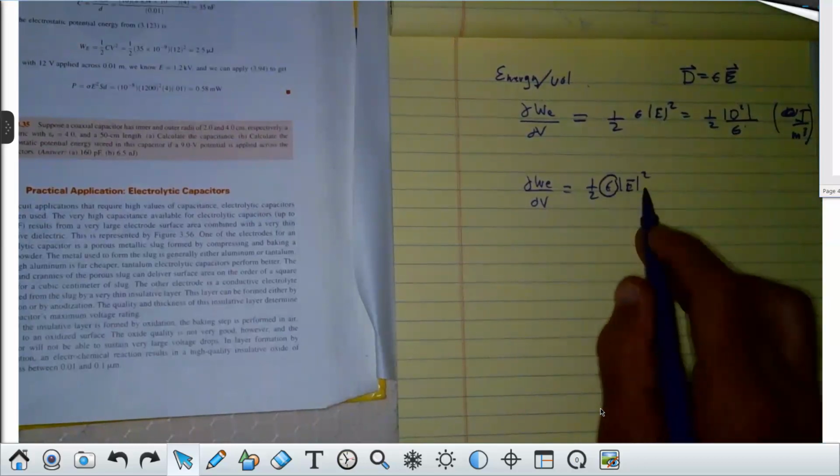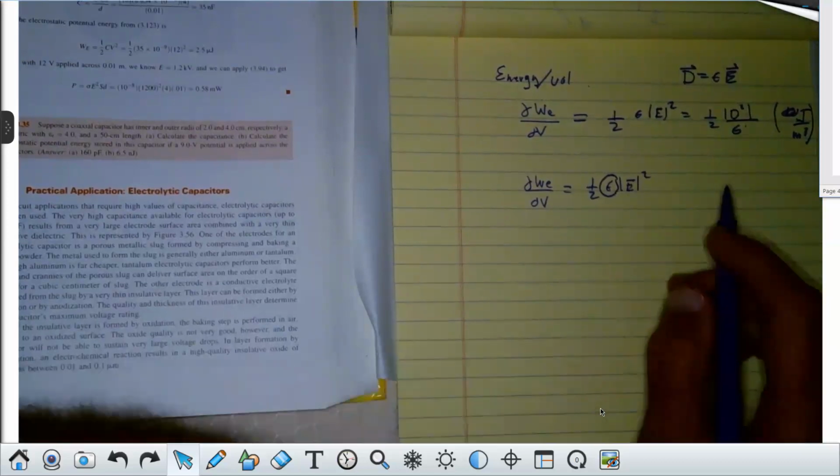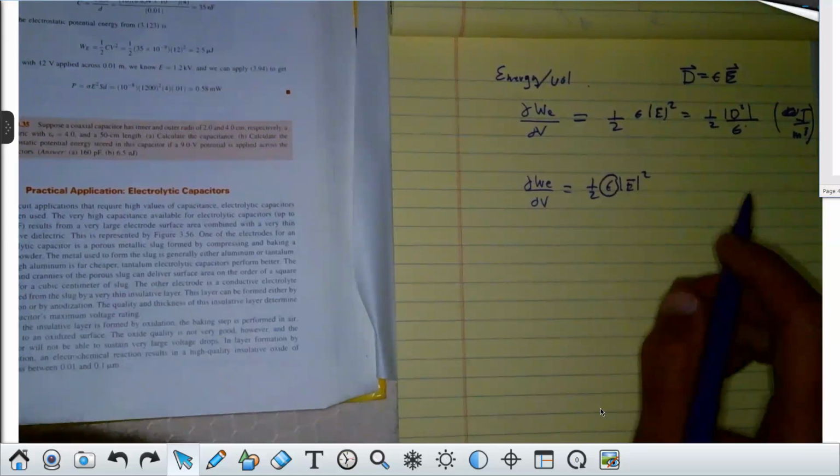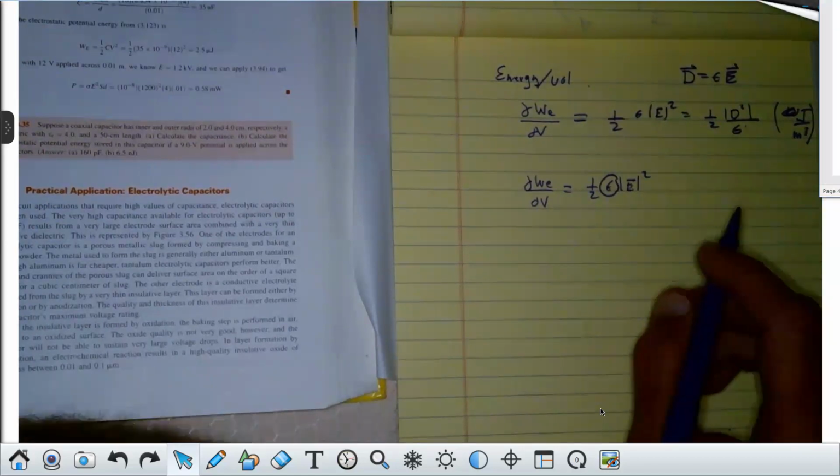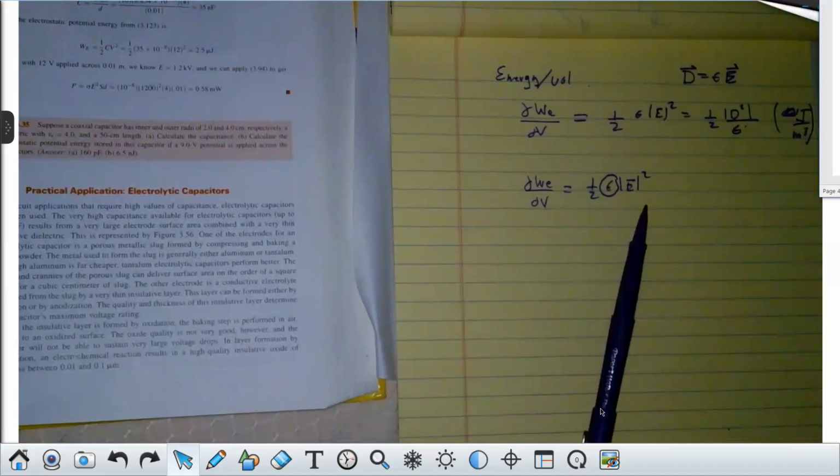But if you have a material with epsilon relative greater than 1, then really it's saying how much more energy for a given electric field it can store in that region. Does that make sense to everybody, class? So that's the way I like explaining epsilon relative. There are other ways, but for an electrical and computer engineer, from our perspective, it's telling us how much better that material is than air at storing energy.